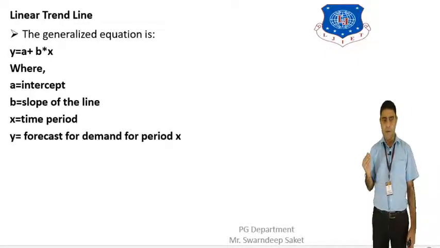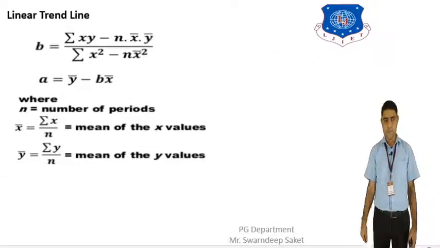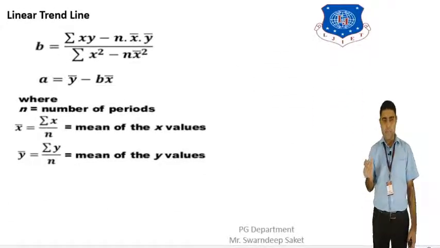Now we see an example of the linear trend line. The slope is b = (Σxy − n × x̄ × ȳ) / (Σx² − n × x̄²), and a = ȳ − b × x̄, where n is the number of periods. x̄ is the mean value of x, that is Σx divided by n, and ȳ is the mean value of y, that is Σy divided by n.